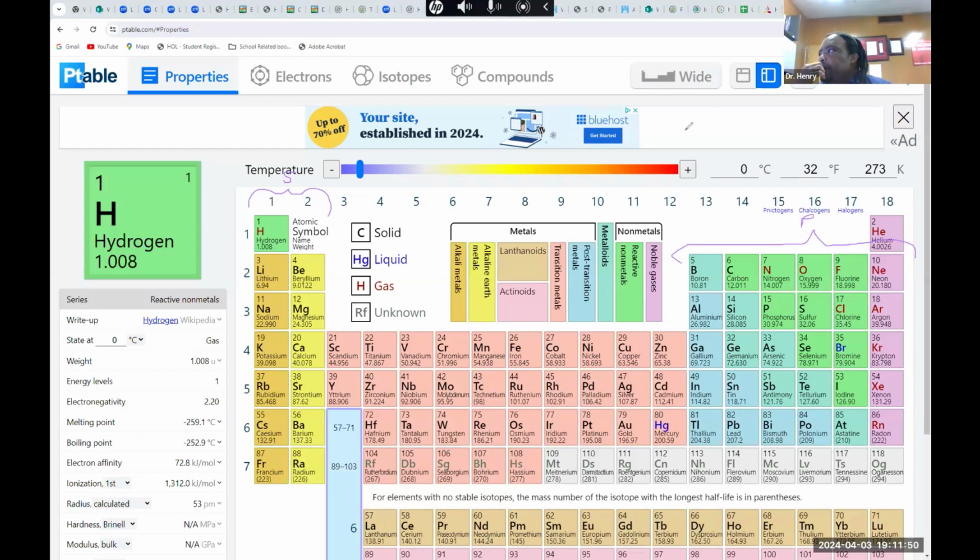So if we think about the atom, we have the nucleus in the middle, and then, I'm just going to draw it very generically, we have the energy levels. Now we know it doesn't look like this because each of the subshells has its own shape.